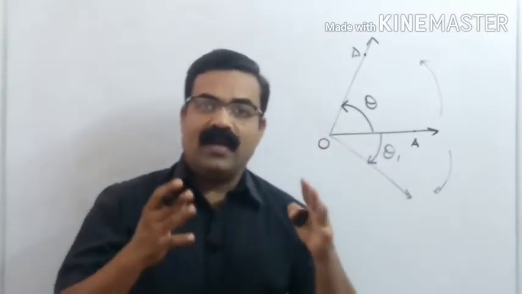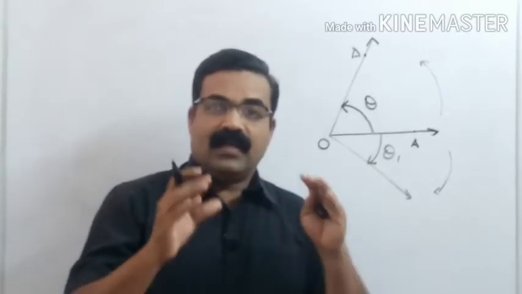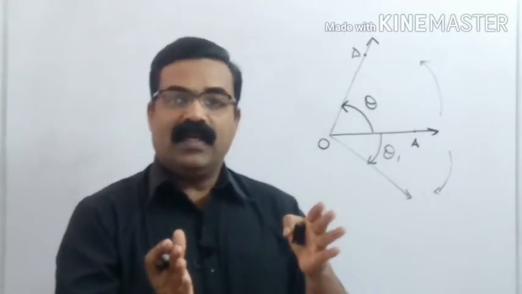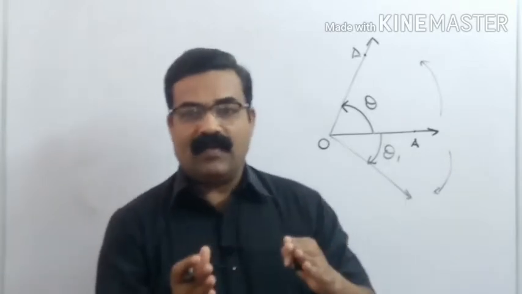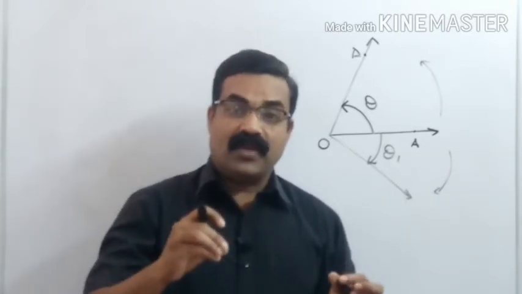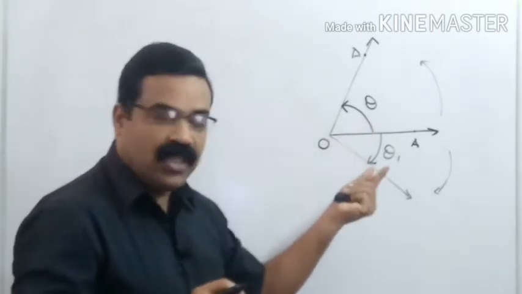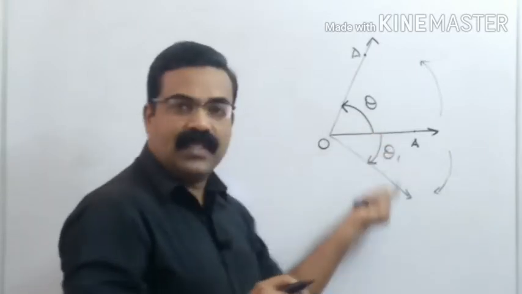So now you have a clear idea what is a positive angle and what is a negative angle. Till 9th and 10th standard, we learned about an angle but did not differentiate between a positive angle and a negative angle. But as far as your trigonometric functions in 11th standard are considered, you have to understand what is a positive angle and what is a negative angle.